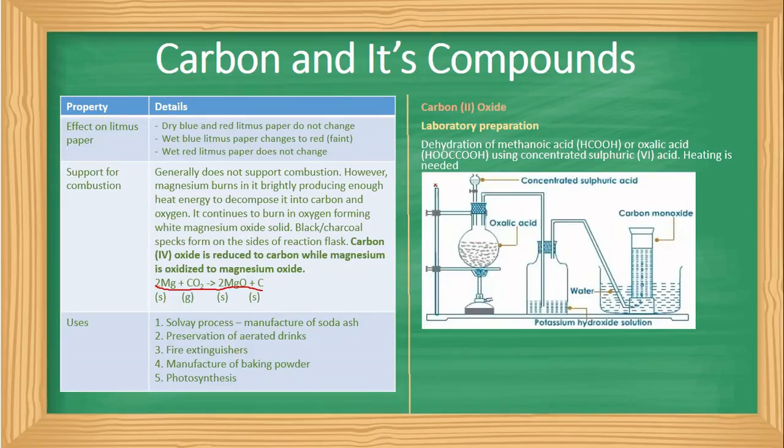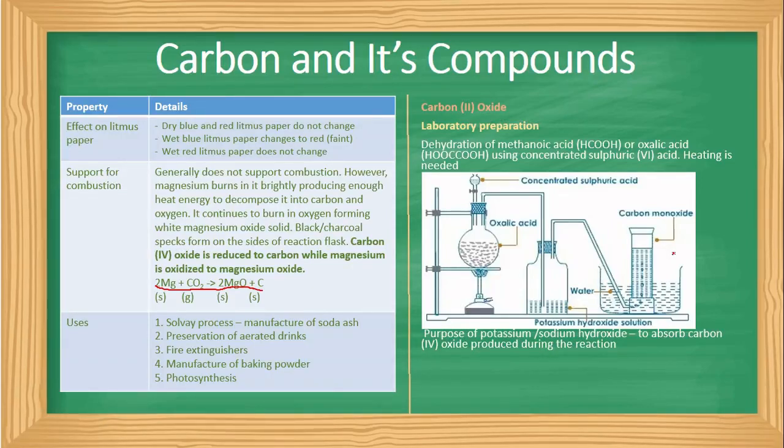In terms of the setup, I'm displaying a setup for dehydration of oxalic acid, where, as shown there, concentrated sulfuric acid comes down into the flask and is used to dehydrate oxalic acid, therefore producing carbon 2 oxide, which is passed through some potassium hydroxide and then collected through water method.